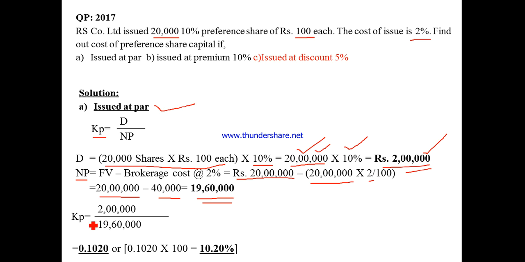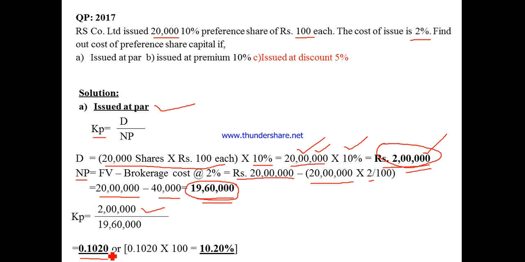Now cost of preference share equals dividend, which we have calculated, that is 2 lakh, and net proceeds is 19 lakh 60,000. So 2 lakh divided by 19 lakh 60,000, the answer is 0.1020.